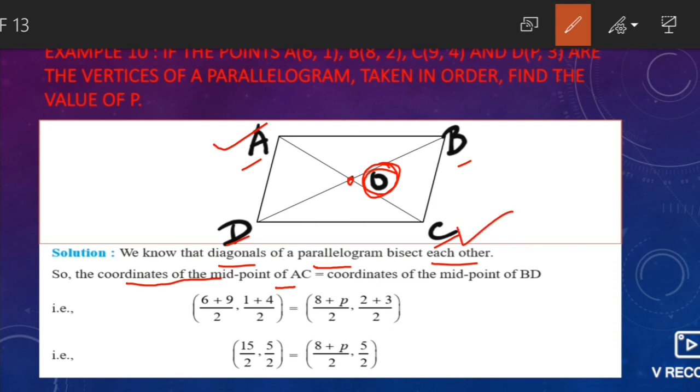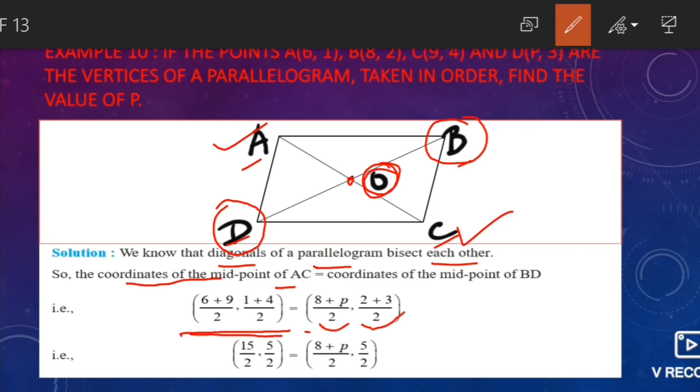So by the midpoint formula, the coordinates of O will be ((6 + 9)/2, (1 + 4)/2). Similarly, using the midpoint formula for BD, the coordinates of O will be ((8 + P)/2, (2 + 3)/2).